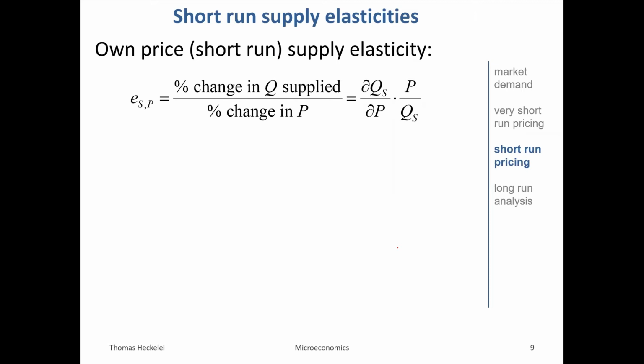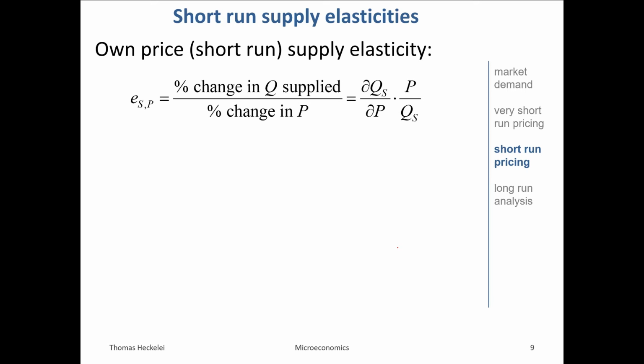For the supply side, we also have some elasticities, which are similar to what we've seen before, but just now for the whole market. So own price supply elasticity, remember we're talking about the short run, equals percentage change in the quantity supplied, the aggregated one already, divided by percentage change in price.